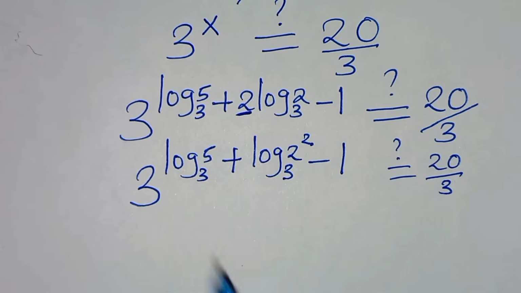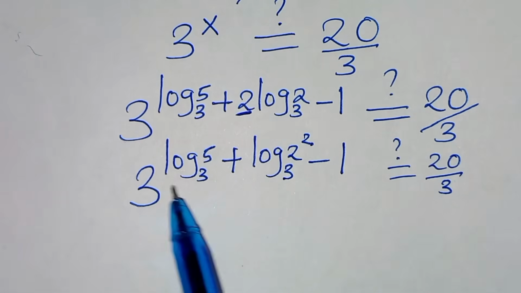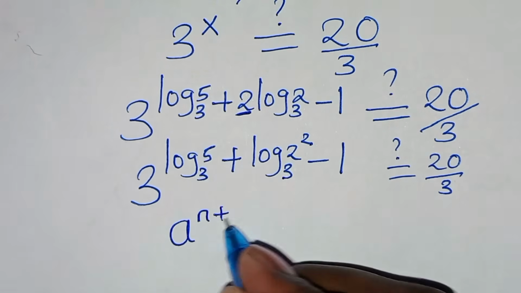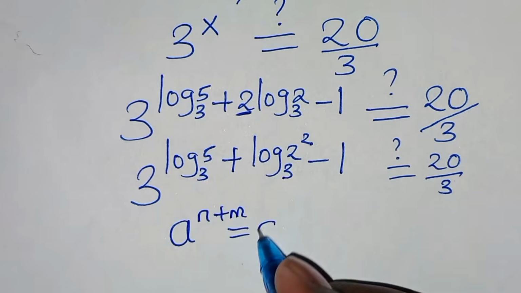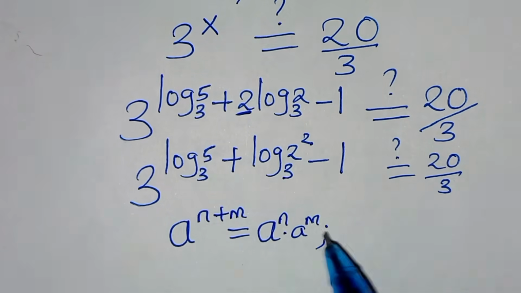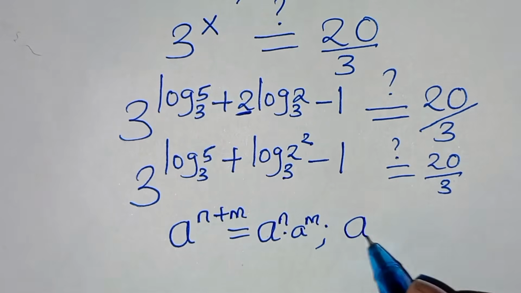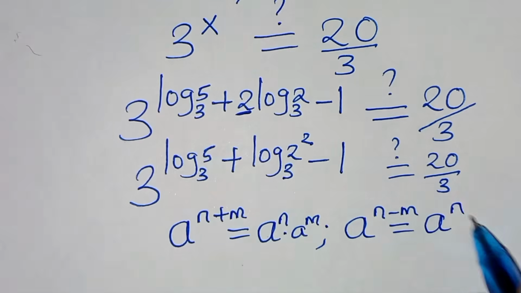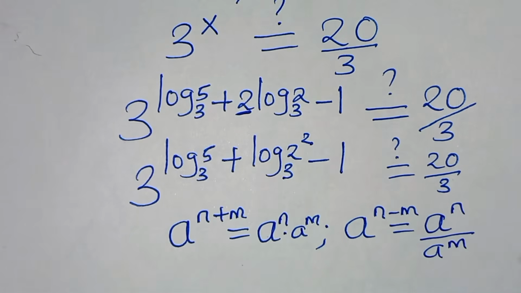Now, the next step from here is that this is in the form of a to power n plus m, which we can express as a to power n times a to power m. And this is in the form of a to power n minus m, which we can express as a to power n divided by a to power m.